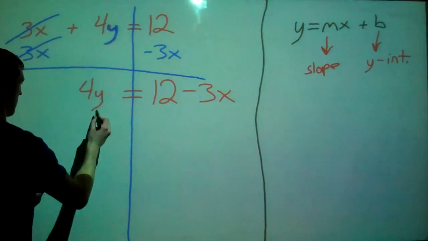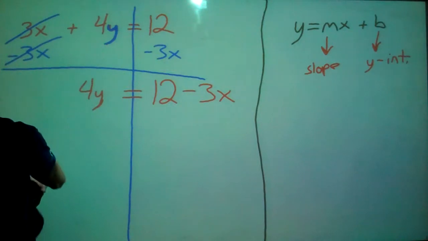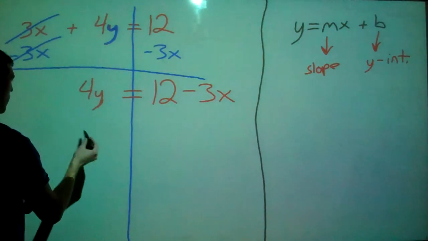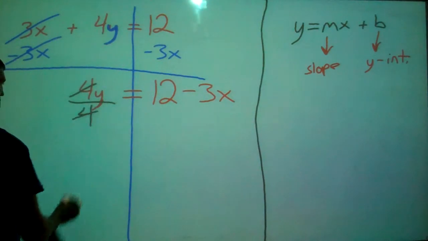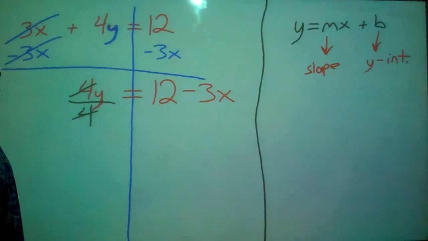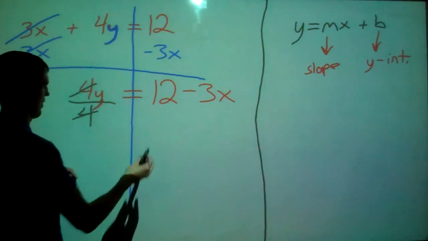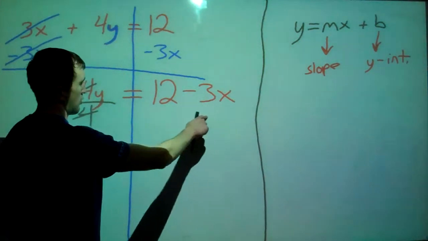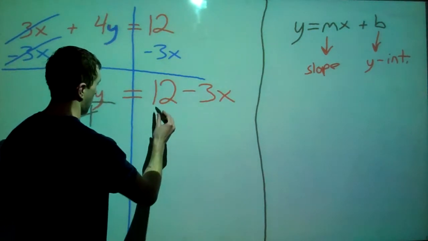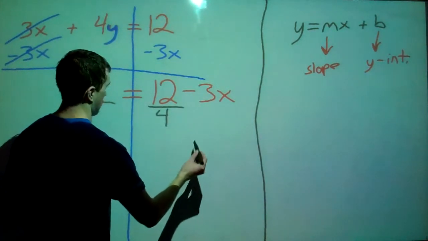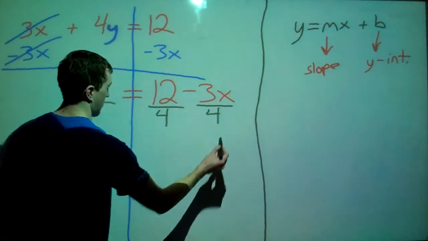Let's do black. We divide by 4, and these cancel with each other. You're left with 1y, or just a y. We also have to divide by 4 on this side, but we have 2 terms, so we have to divide both terms by 4. That divided by 4, and this divided by 4.